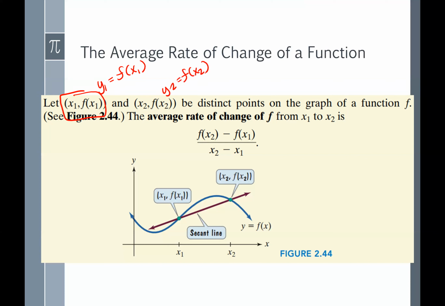The average rate of change of my function f from x1 to x2 is f of x2 minus f of x1, the change in y of the secant line, and the secant line is that line that joins those 2 points, divided by the change in x.